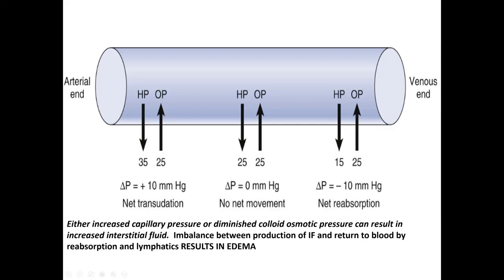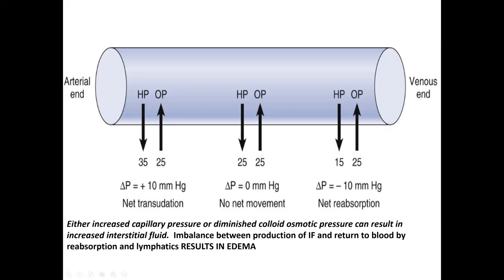On the other hand, at the venous end, the hydrostatic pressure is 15 millimeter of mercury and colloid osmotic pressure is 25 millimeter of mercury, which means that colloid osmotic pressure is higher than the hydrostatic pressure. With the result, there is net reabsorption of fluid.